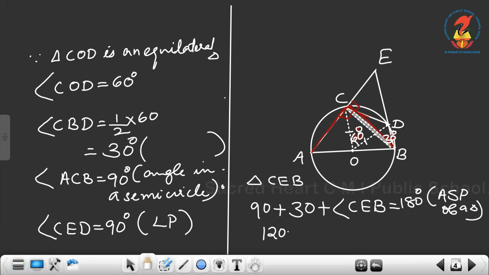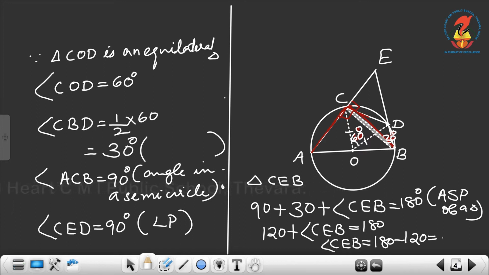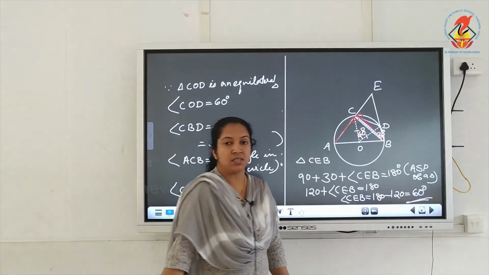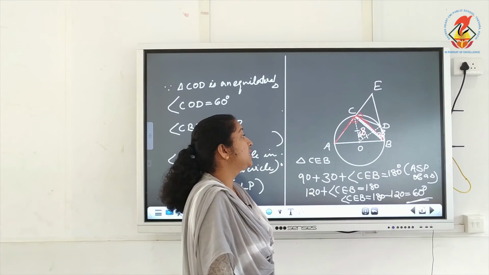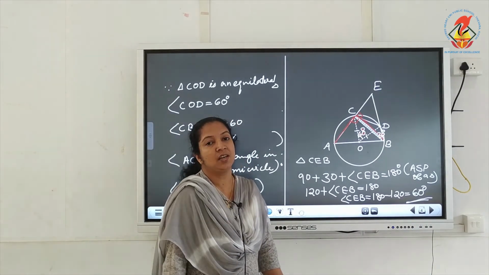So, this means 120 plus angle CEB is 180. That means angle CEB is equal to 180 minus 120, which is equal to 60 degree. This is the required answer. We have to prove angle CEB is 60 degree.